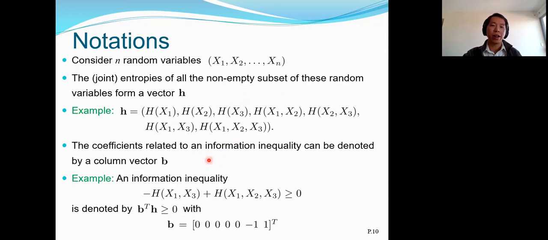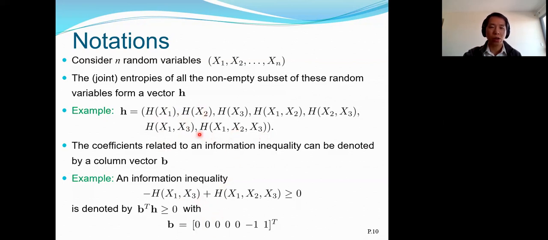Then we can input our information inequality into a computer using this format. Say, for example, if we want to put this information inequality into a computer program, we can simply denote it by a vector b here. The conversion is like this. Because in this information inequality, we don't have entropy of x1, we don't have entropy of x2, so we put 0 in front, corresponding to these entropies here.